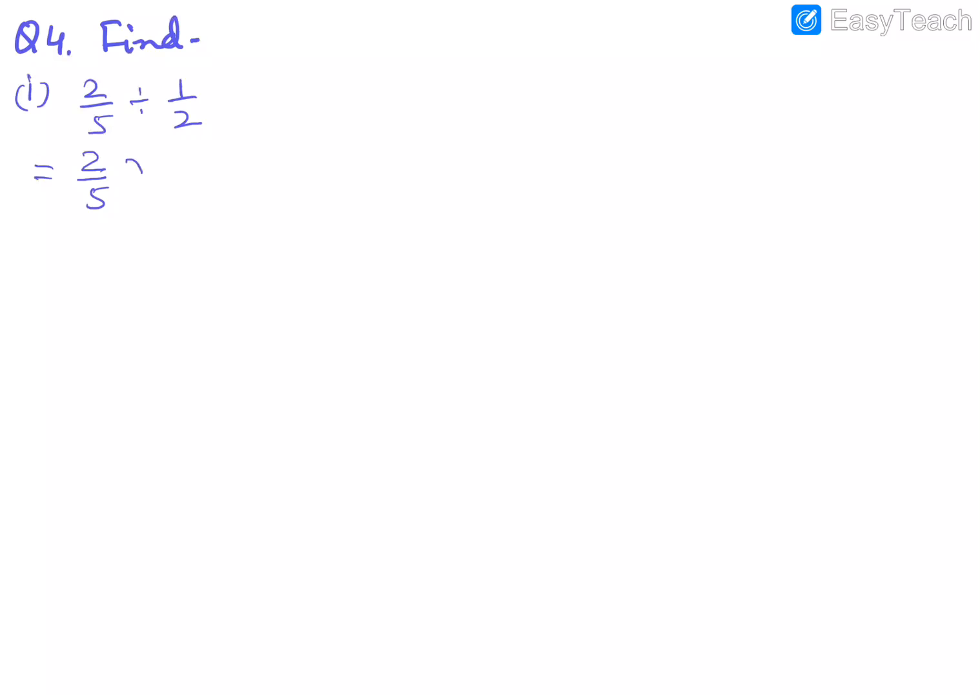Then division के साइन को multiplication में change करेंगे और divisor का reciprocal कर देंगे. इस तरीके से ये division की problem convert होकर के multiplication की problem में बन जाती है, जहाँ पर हम numerator को numerator से multiply करते हैं और denominator को denominator से.